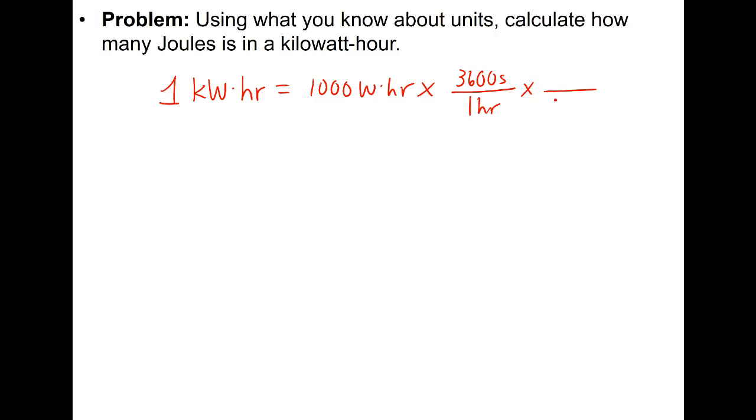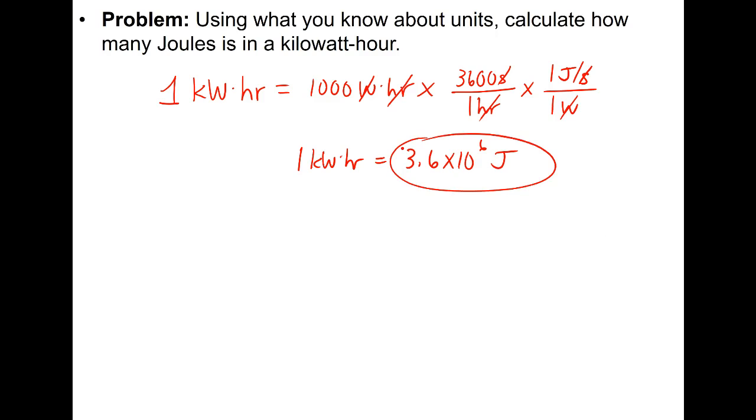And we also know that 1 watt is the same thing as 1 joule per second. So these seconds will cancel, these hours will cancel, and these watts will cancel to give us that 1 kilowatt hour is equal to 3.6 times 10 to the 6th joules. And that's a significant amount of energy.